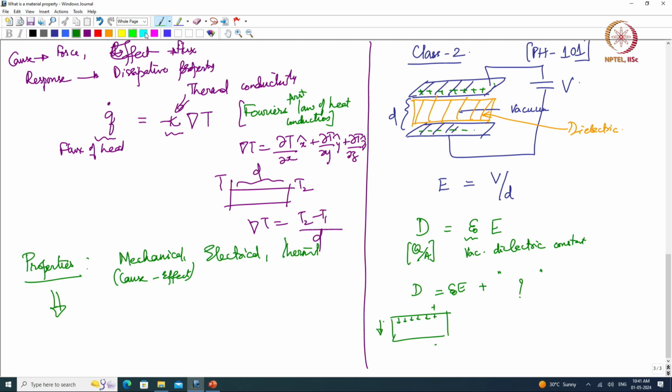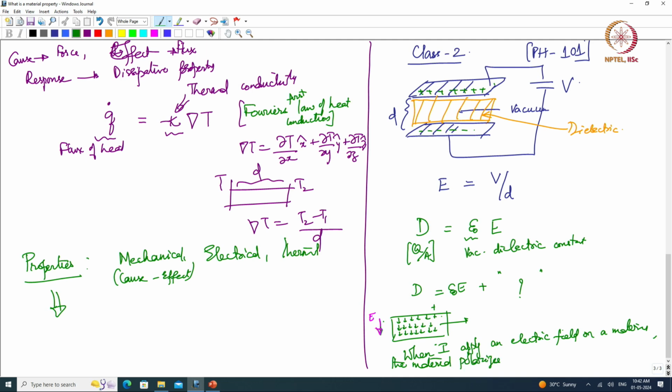This is the electric field, and the response of the material is that it undergoes some sort of polarization. When I apply an electric field on a material, the material polarizes.